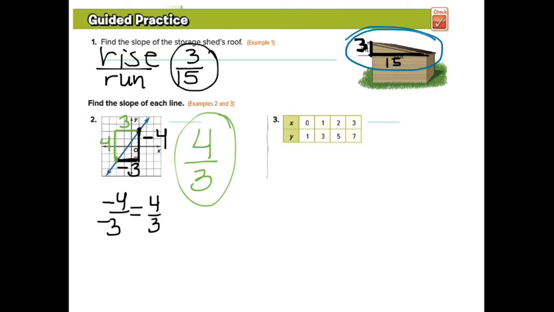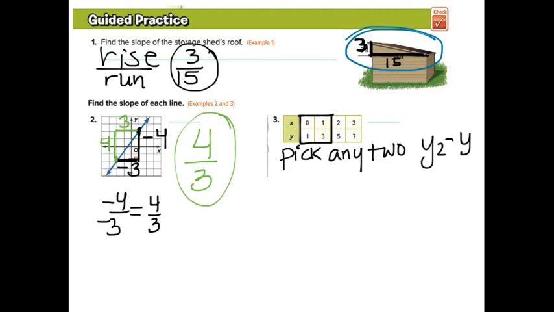Number 3, we have sets of ordered pairs. Pick whichever 2 you would like. Add a note that you can pick any 2. And what I also want you to write is this formula down. If you write this down for a few problems, it'll start being ingrained in your brain. So second y minus first y over second x minus first x.